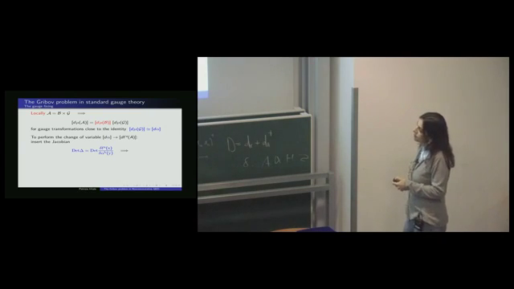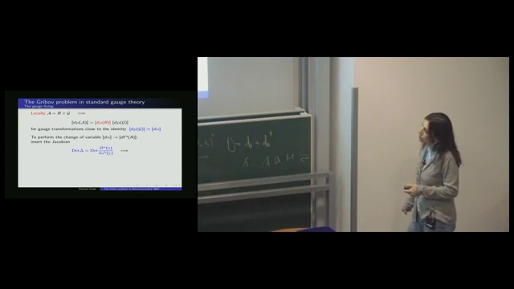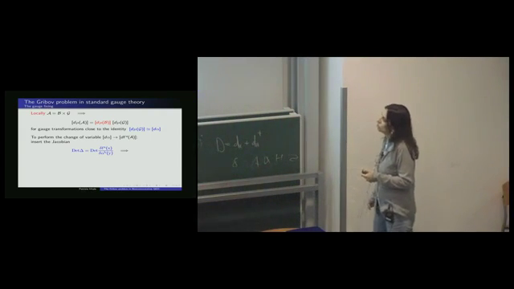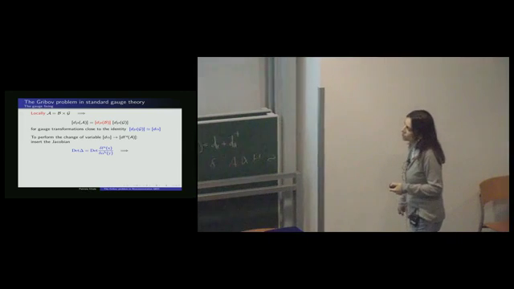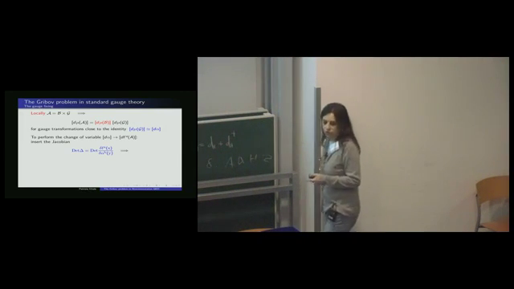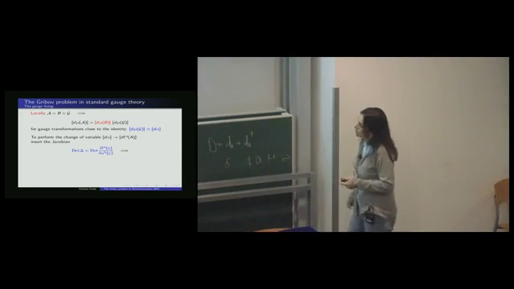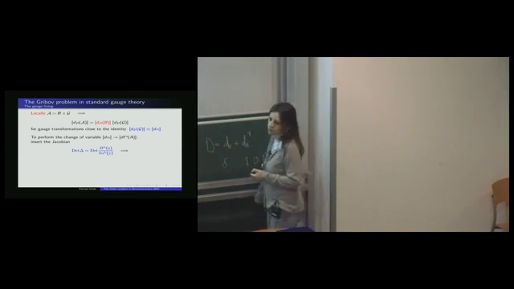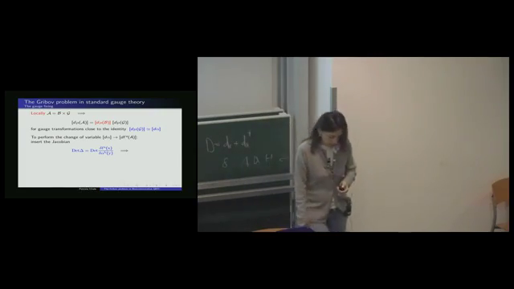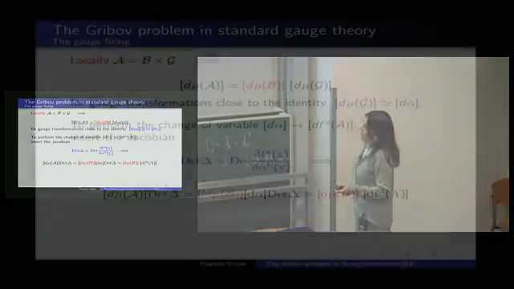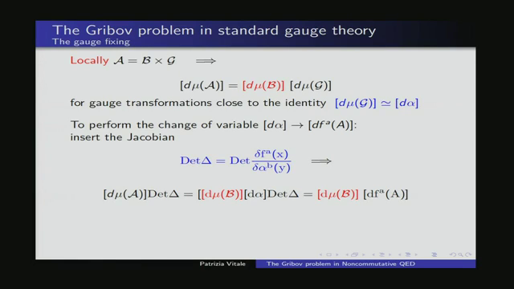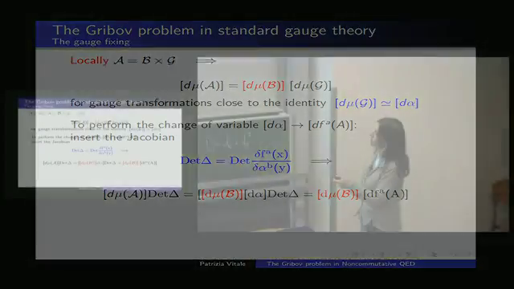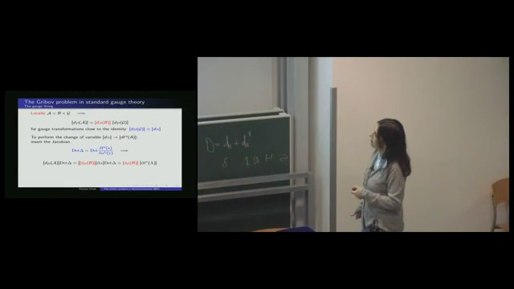And then I want to perform this change of variable here. In order to make it, I have to insert the Jacobian of the transformation. This operator here, delta, is what is called the Faddeev-Popov operator. So I insert it in my measures here, and I get this expression.